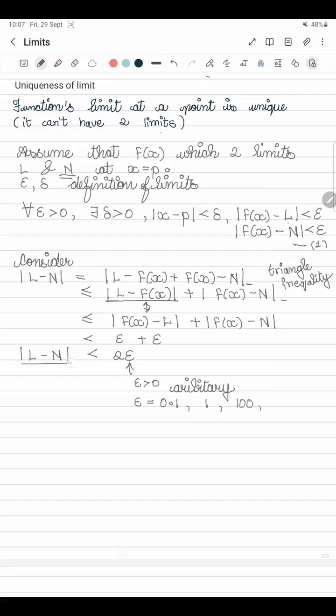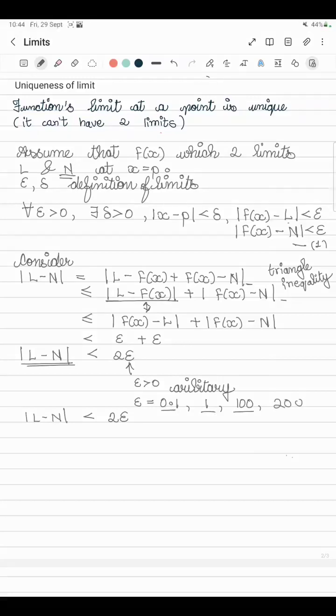So this inequality, mod of L minus n less than 2 epsilon, should be satisfied for any positive real number like 0.1, 100, 200, anything.